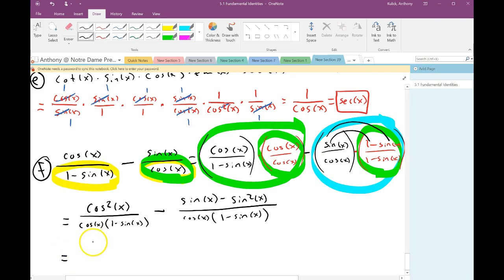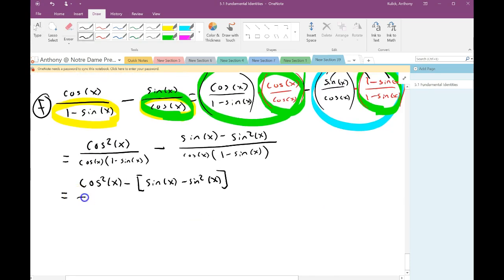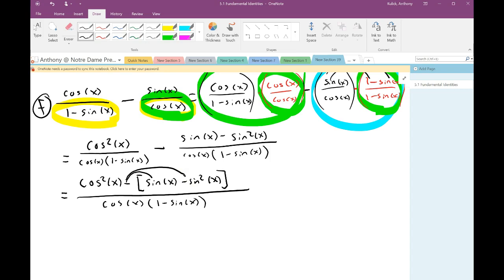Now I'm going to write this as a single fraction. I wrote the bracket there, Selena, because that negative sign needs to apply to the entire numerator.